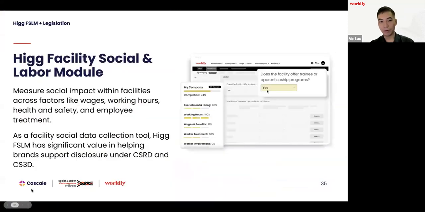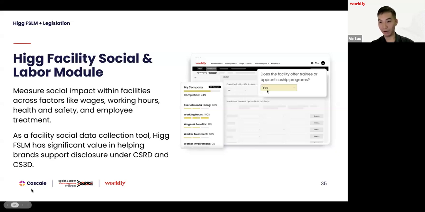And then for FSLM, what this is really about: it is an industry tool to connect social data and measure the social impact in the supply chain, covering different areas, as already mentioned, which also helps manufacturers drive continued improvement. The tool is built on the Converged Assessment Framework of the Social and Labor Convergence Program, SLCP.